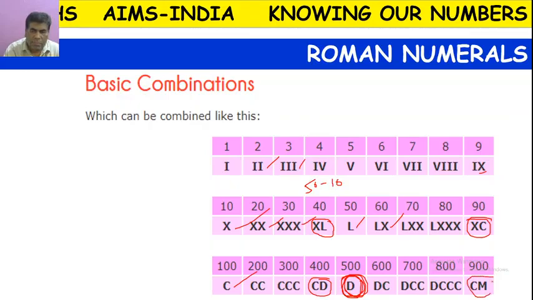Like this, CM. So with the basic symbols, we can form all the numbers. While doing problems, we can solve many kinds of problems. It is only basics. With the basic symbols, we can write all these numbers.